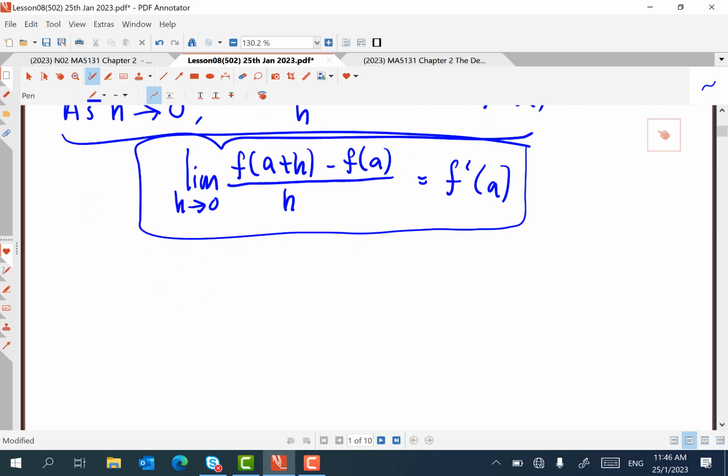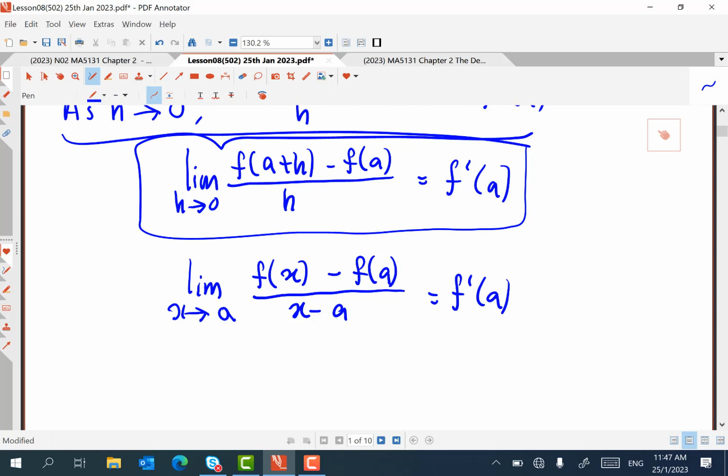We can also rewrite this expression like that. Why is that so?